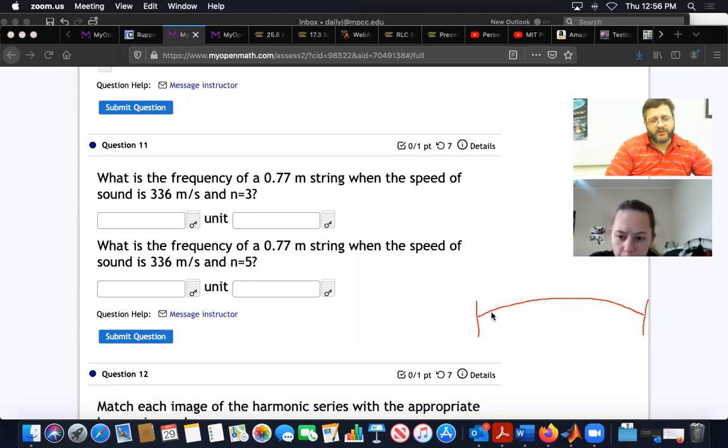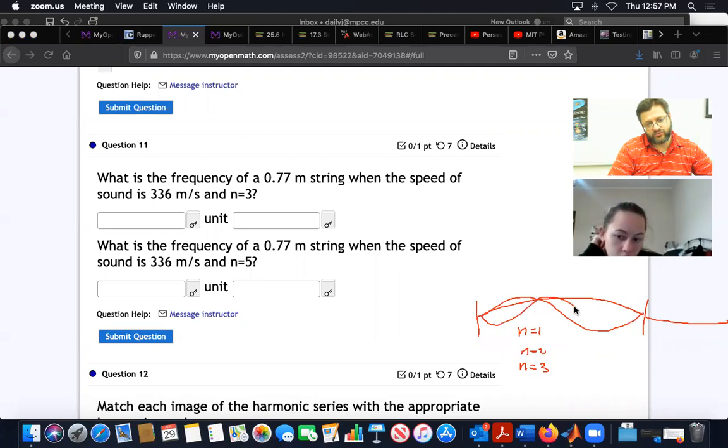And so the lowest frequency, or the longest wavelength, so we're doing frequency. The lowest frequency is when n equals 1, and that's this one here, where it's just going up and down like this. N equals 2 is when you can get the full wave in here like that. And n equals 3 is when you can get 1.5 waves in like this, right? So at n equals 3, we've got 1.5 waves fitting in here.